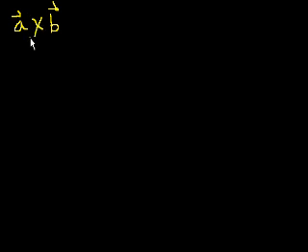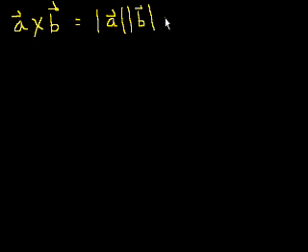So it's literally just an X. So the cross product of vectors A and B is equal to, and this is going to seem very bizarre at first, but hopefully we can get a little bit of a visual feel of what this means, the magnitude of vector A times the magnitude of vector B times the sine of the angle between them, the smallest angle between them.